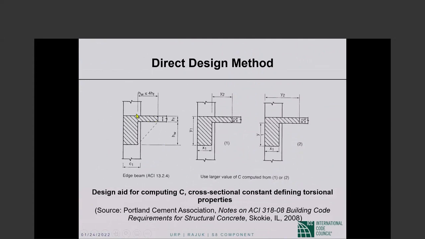Remember, part of the slab becomes part of the beam. You will divide the beam section up. You can do it in only two different ways. This rectangle goes up to here and then that rectangle, or this rectangle comes all the way and this rectangle. You can divide it both ways. Whichever way you get the larger C, that's what you use.